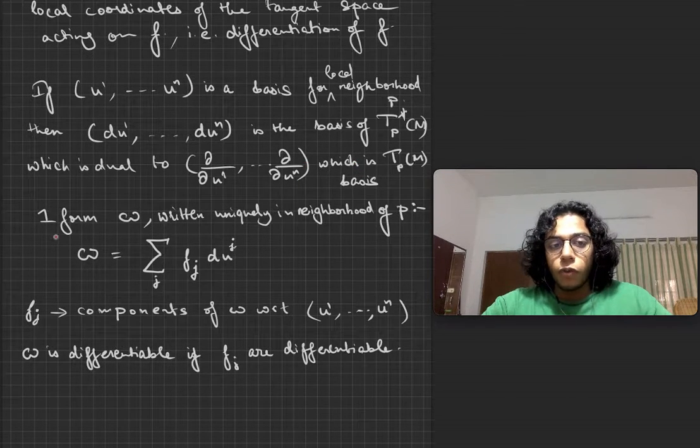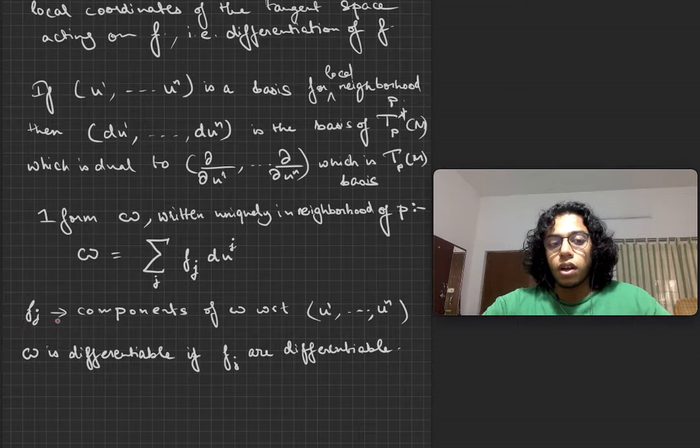Now a one form omega written uniquely in the neighborhood of p is omega equal to the summation over j of fj duj. fj is the component of omega with respect to u1 to un.